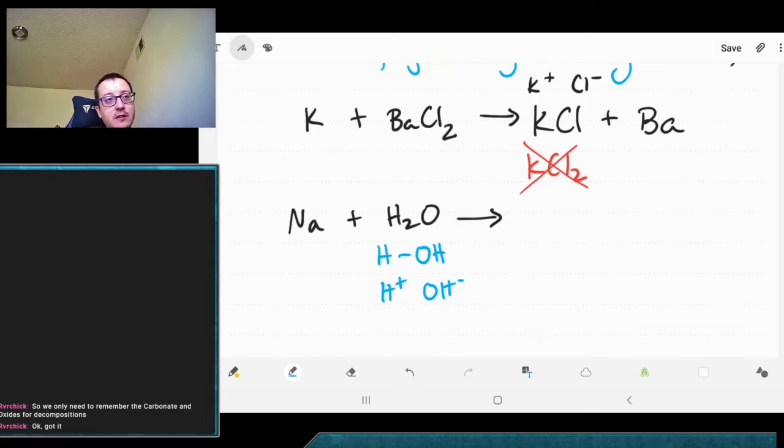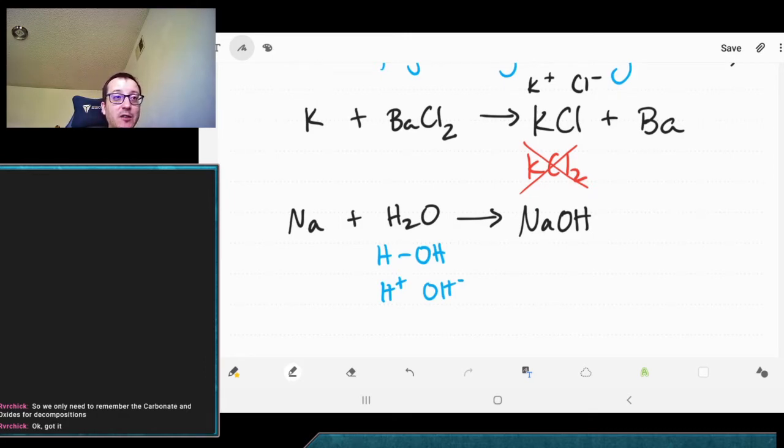That's our hint for this. And so if sodium is going to come in, sodium is a metal. Metals form positive ions. It's going to kick out the H plus and put itself there instead, which will lead us to NaOH. We're going to kick out the H plus, leave us with the OH minus.